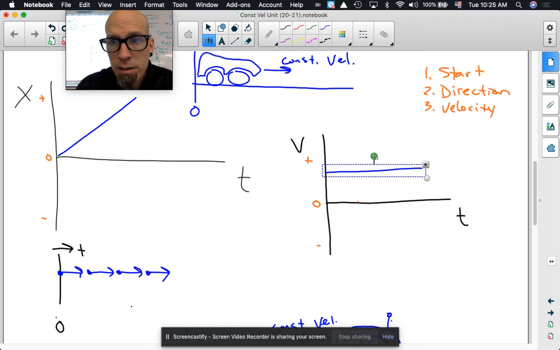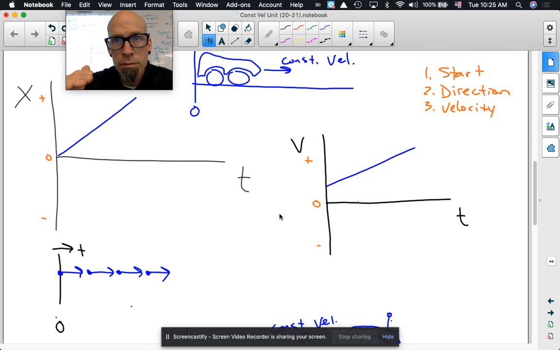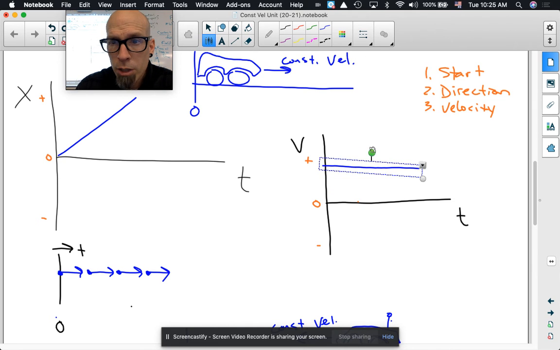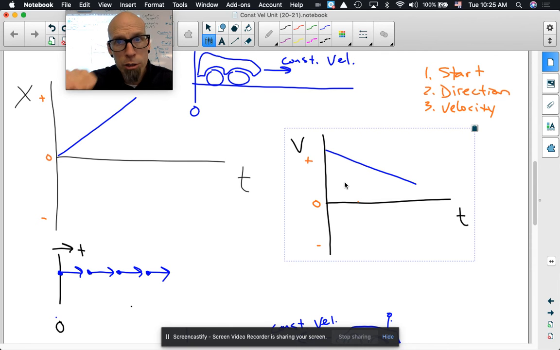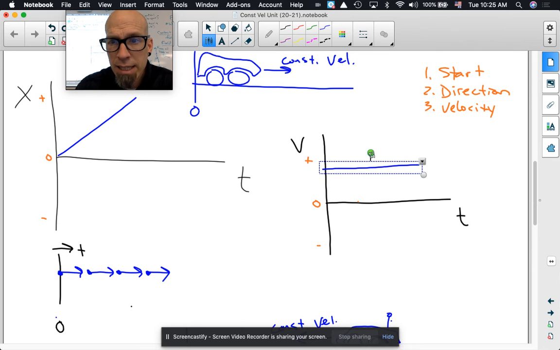See, if it looked like this, that would mean that your velocity is doing what? It's getting bigger, right? And if it looked like this, you would say that your velocity is what? Well, those values are getting smaller. But that's not happening. The velocity is staying the same.